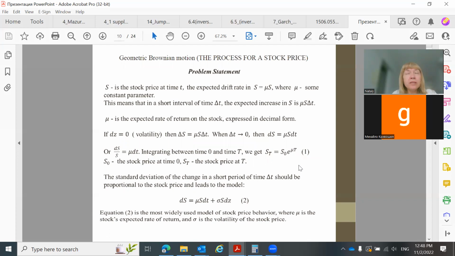And now we think about which diffusion we can choose for describing our risky asset, for example stock prices. Maybe it's the Ornstein-Uhlenbeck process or Brownian bridge, or geometric or arithmetic Brownian motion. And for making this choice, we can recall the first lecture, where the following problem was considered.